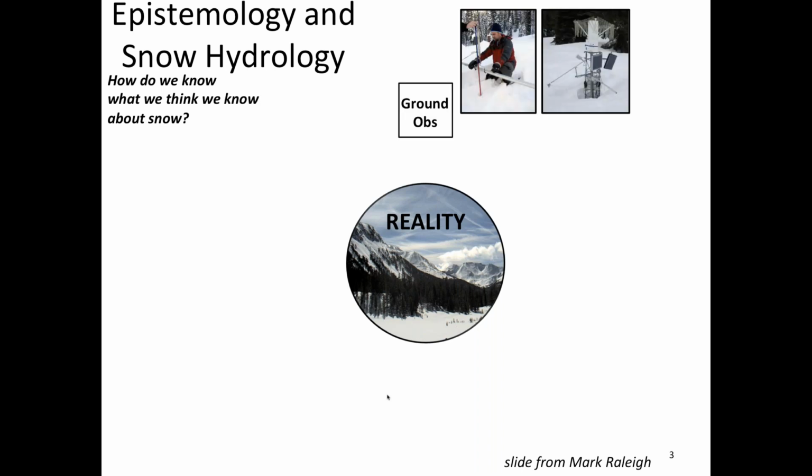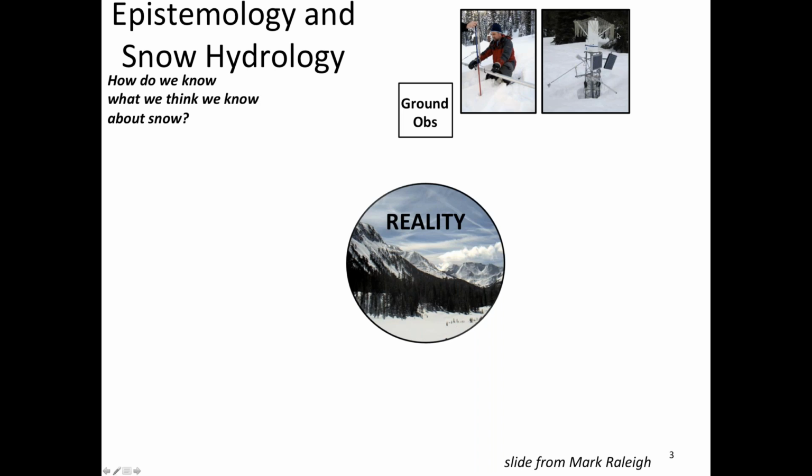So we can go out and make ground observations. Here's a picture of somebody taking a snow course measurement, weighing the snow in the snow course tube. Next to it is a picture of a weather station that we put out in the snow. You can see that snow is not so good for weather stations. This particular one got buried and bent.